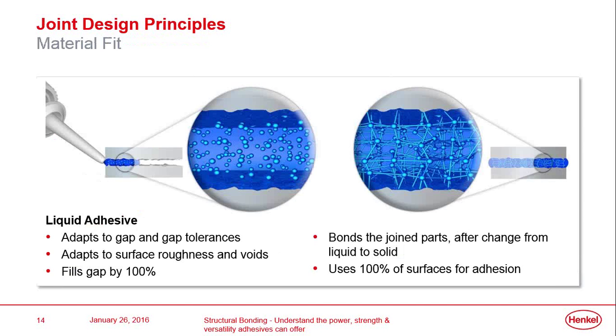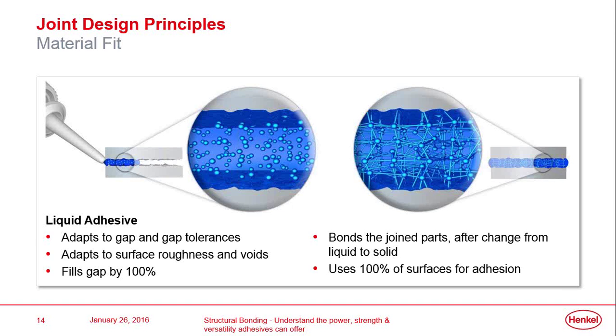So what's actually happening between the surfaces when we use adhesives? Well, first of all, of course, we're always applying a liquid. It doesn't matter what adhesive technology we're talking about, we're always applying a liquid. The reason for that is we want that liquid to make intimate contact with the surface, and we want it to take up any gaps and tolerances that exist between those two parts on a microscopic level as well.